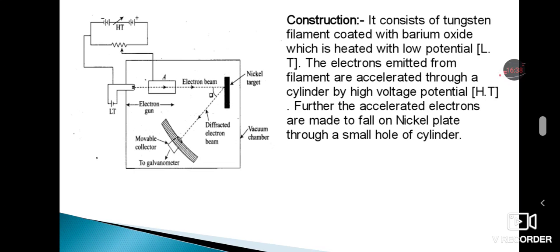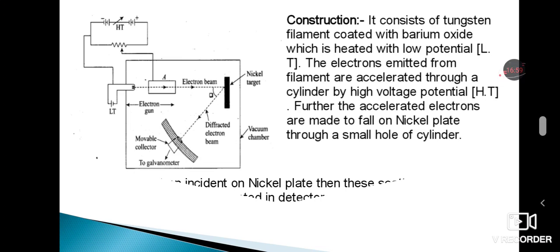So first, by applying the low tension, the filament is heated, and then with the help of high tension the electrons are emitted from the filament. The accelerated electrons are made to fall on the nickel plate, or nickel target, or nickel crystal, through a small hole in the cylinder.